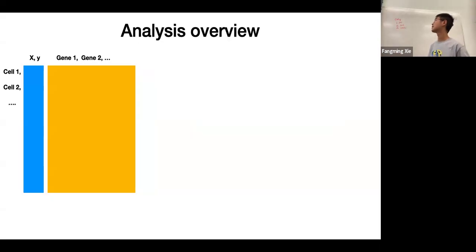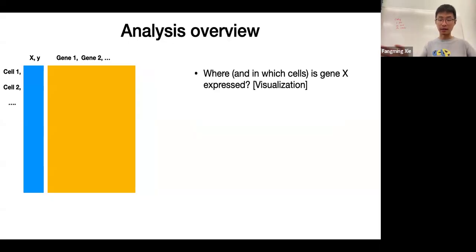Usually, nowadays there are many published studies, and this is the starting point people work with in the analysis, regardless of what technique you use to generate spatial transcriptomic data. So first of all, we could ask where and in which cells a particular gene X you're interested in is expressed.